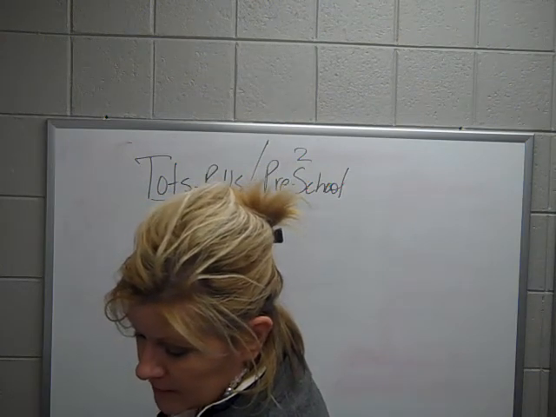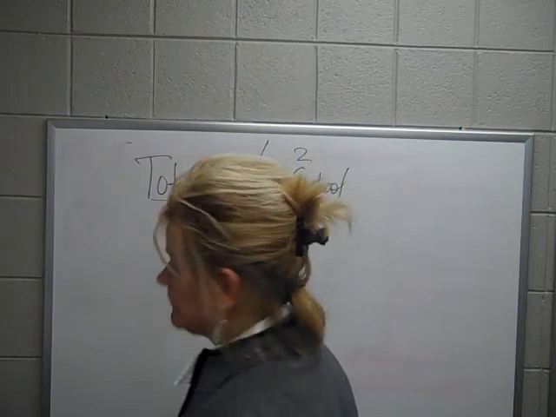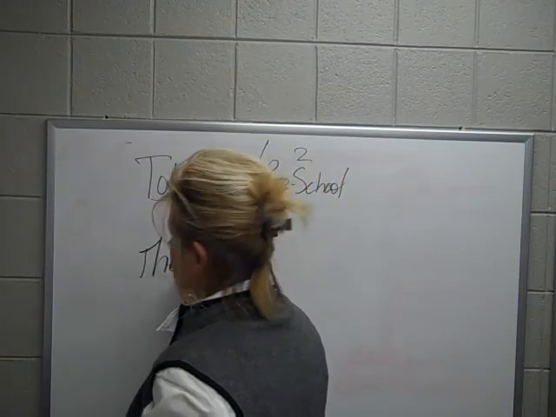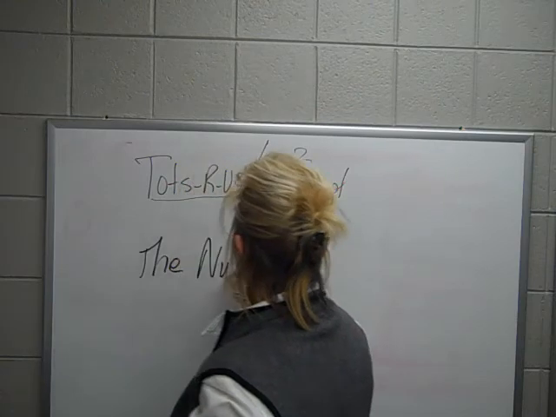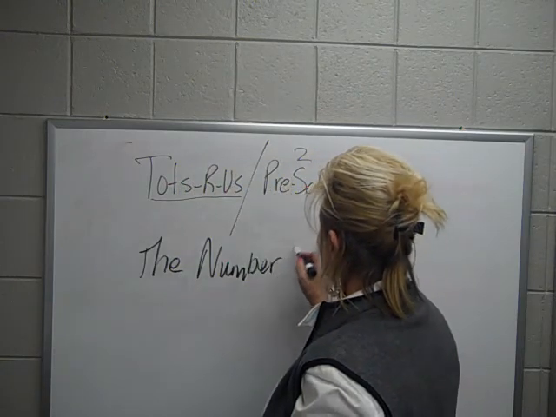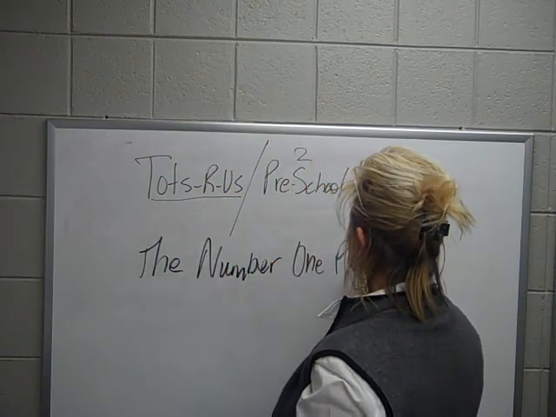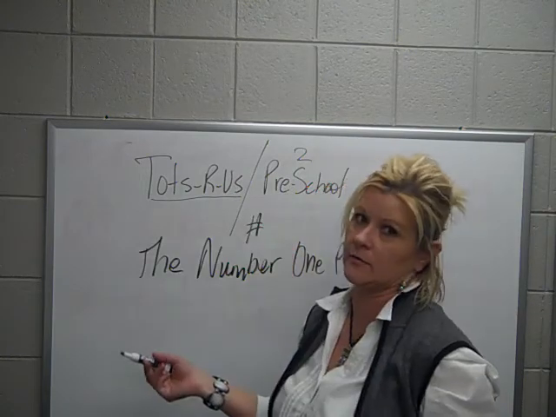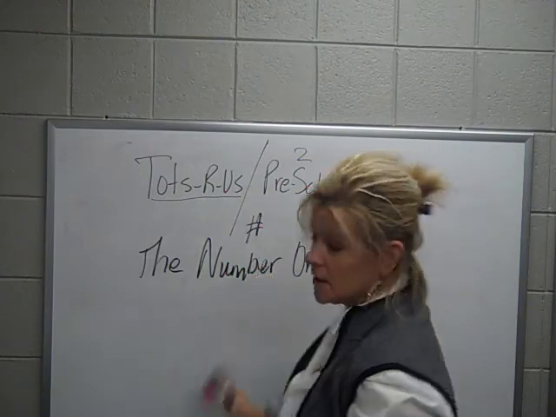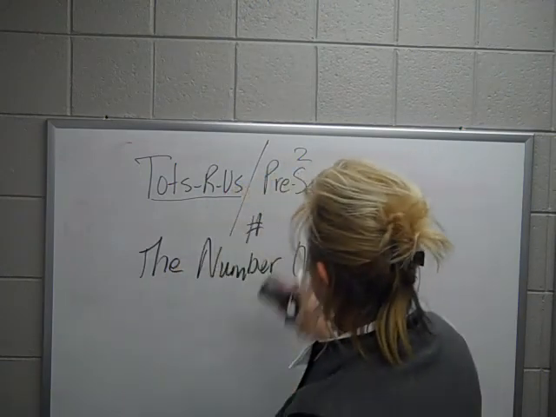Look at number 10. The number 1 printer. Remember, you have to write out symbols. This is the business name. I mean, how else could you file that symbol right there? So you have to spell it out, okay? So always spell out your symbols.